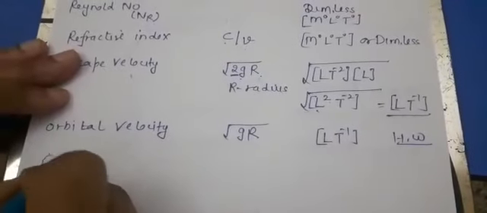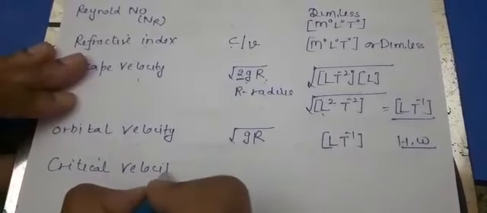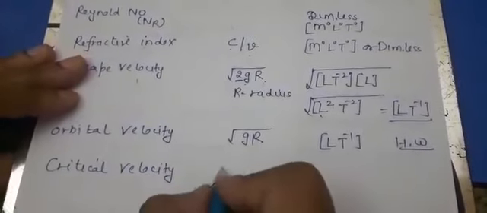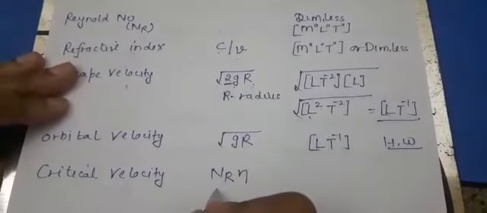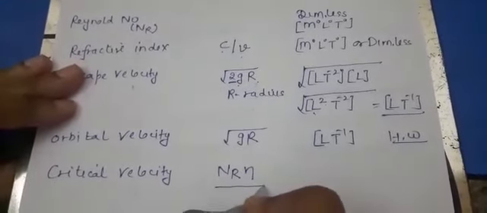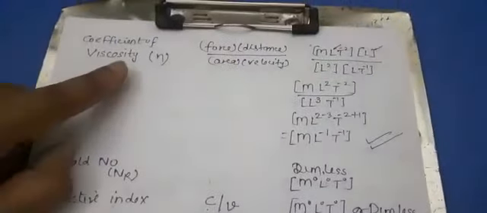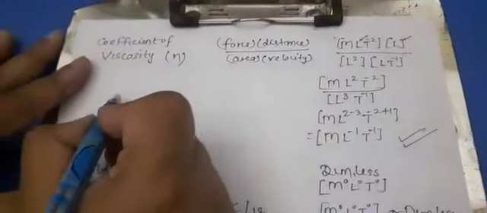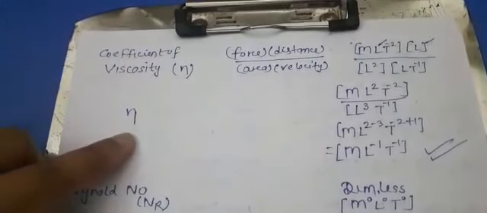Then critical velocity. Critical velocity has the formula Reynolds number multiplied by coefficient of viscosity. Eta is the symbol for coefficient of viscosity. See here, eta: when you draw it, write n and prolong its back length.